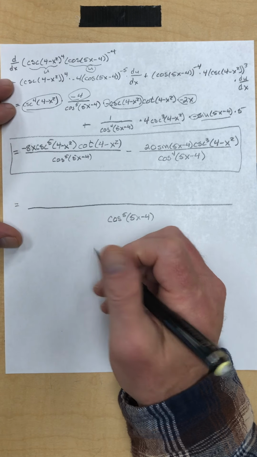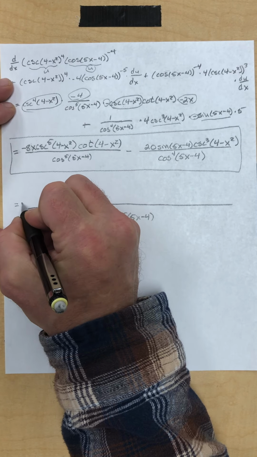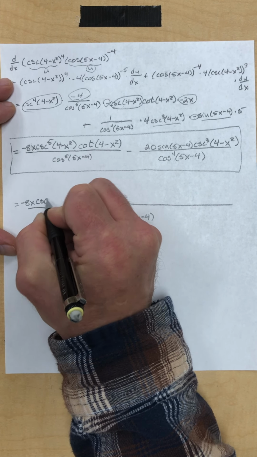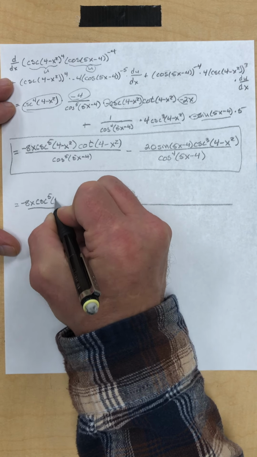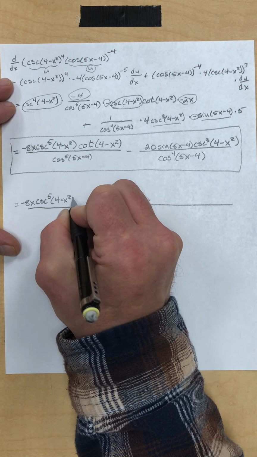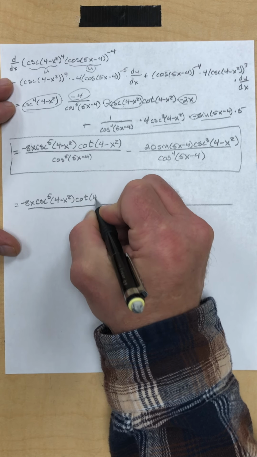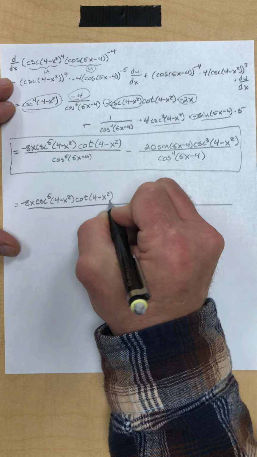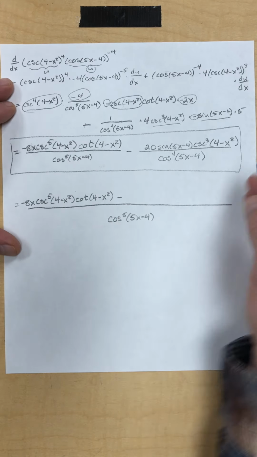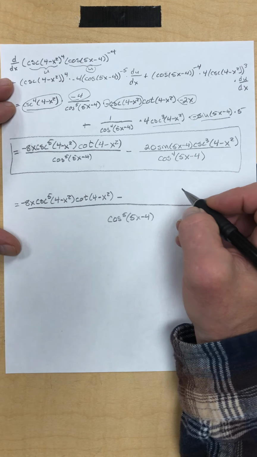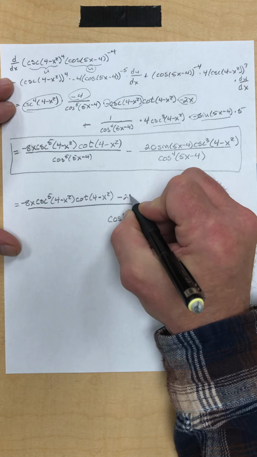Over here I don't have to do anything. So I've got this negative 8x cosecant to the 5th of 4 minus x squared times cotangent of 4 minus x squared right there. And then minus, here I'd have to multiply above and below by cosine of 5x minus 4. So I'd have that 20.